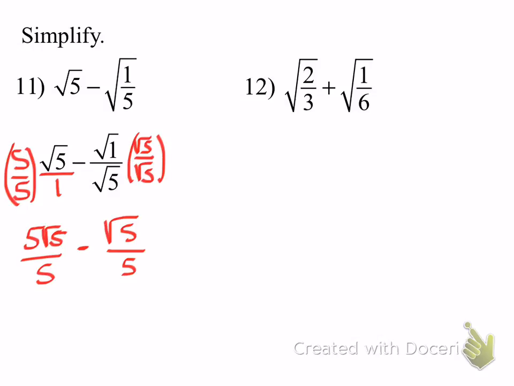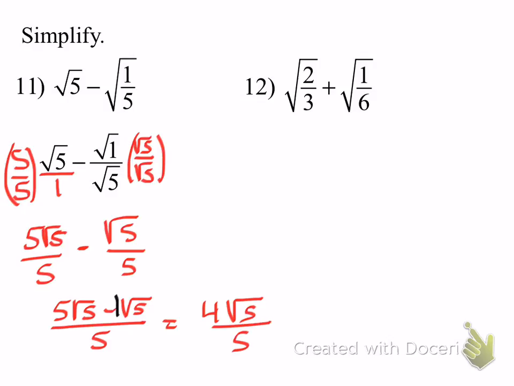So now I have all in the same fraction, 5 radical 5 minus 1 radical 5, all over 5. So can we say that's 4 radical 5 over 5? Yeah. And I could also write this as 4/5 and bring my radical to the middle.